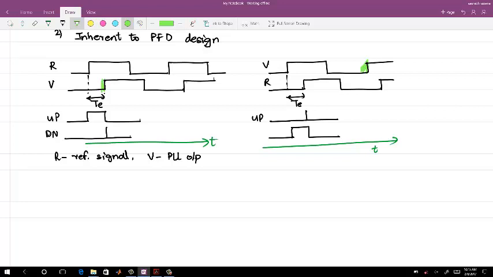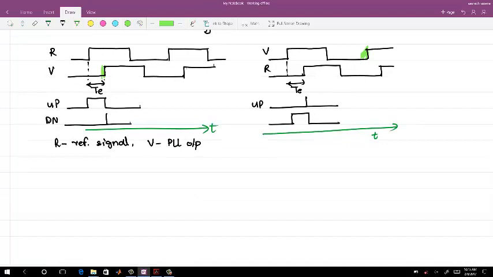Whereas for the negative phase error at a given reference edge, you have that exact phase error at the input, a proportional output, and you control the next reference edge. So for positive and negative, the feedback is acting differently. This is one of the nonlinearities which is inherent to the PFD design.